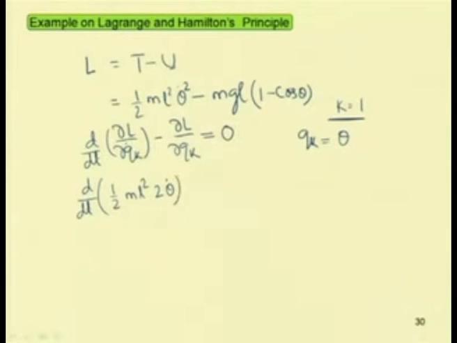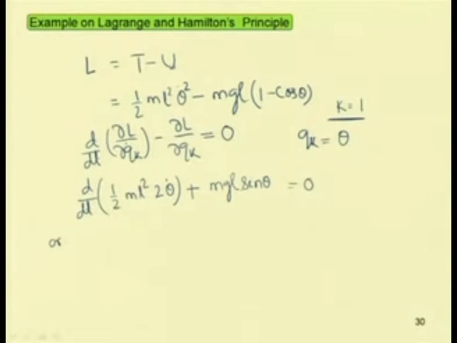So, this part becomes this, then minus del L by del theta will give us: differentiation of this part with respect to theta equal to 0, and differentiation of this part, now it becomes minus plus. So, this becomes mgl, and differentiation of this minus cos theta equal to sin theta. So, this is equal to 0.